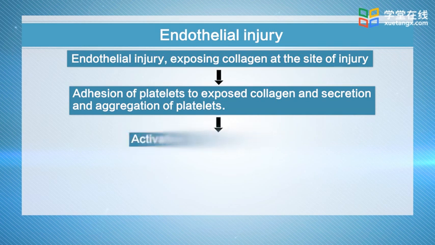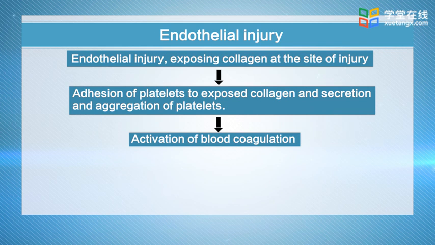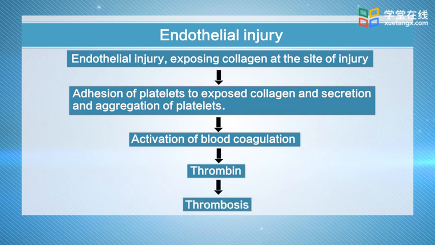Third, activation of blood coagulation through the intrinsic and extrinsic pathways produces thrombin. The primary hemostatic plug is stabilized by thrombin to form the final thrombus.